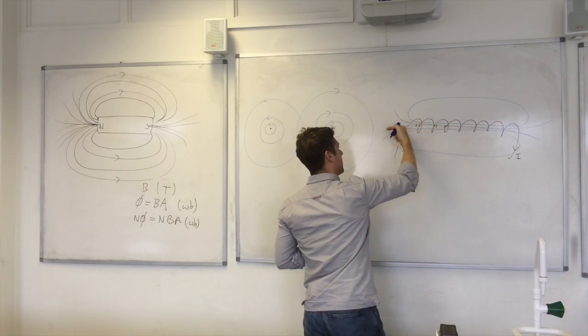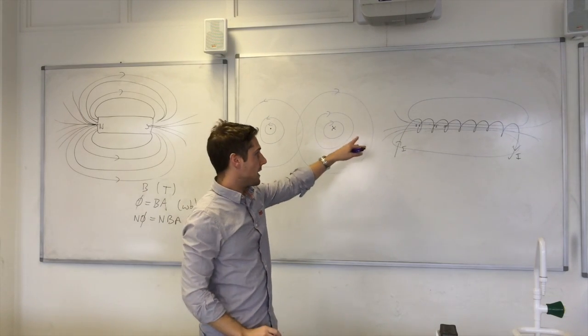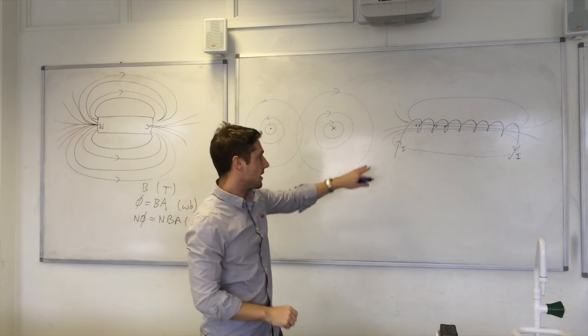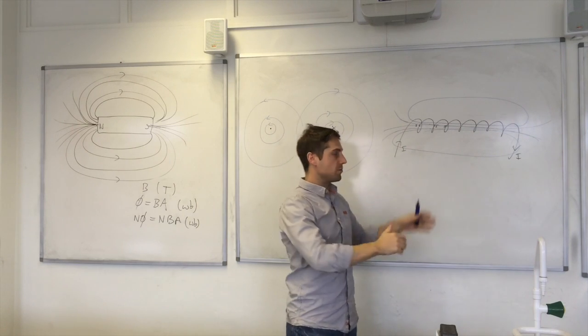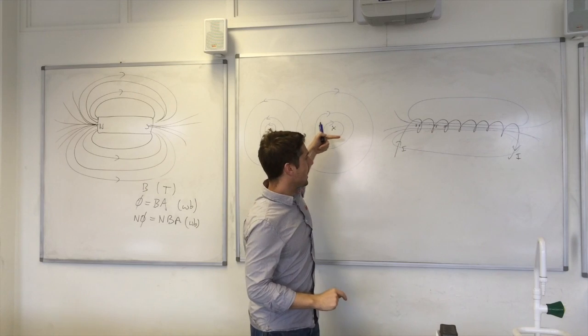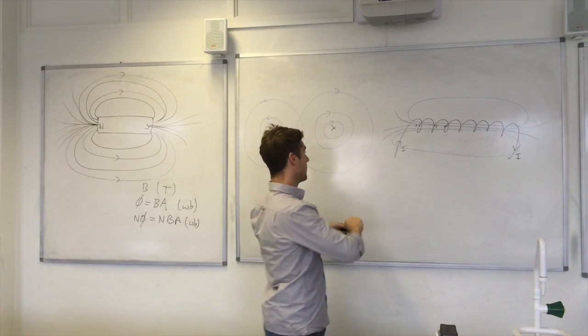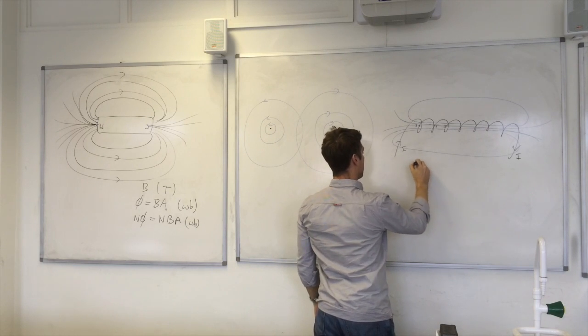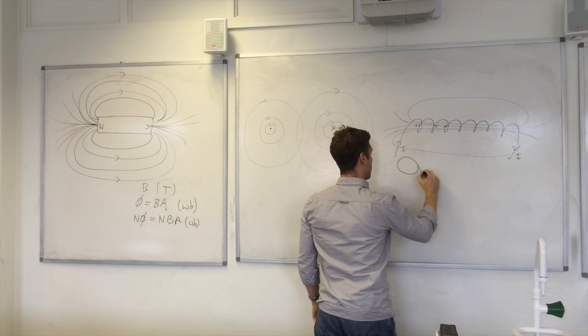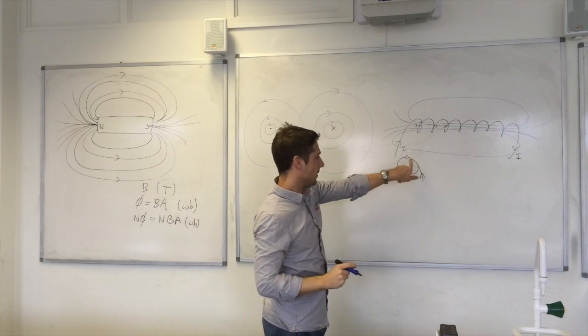And you notice that the field line is coming out here. Now, there is an easier way to find out which side is north and which side is south than using the right hand grip rule on all the loops. If you were to look at that side of the coil end on, you would have the current going up like this and curling around like that.